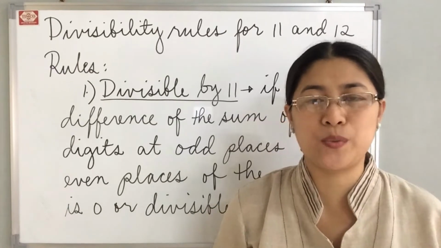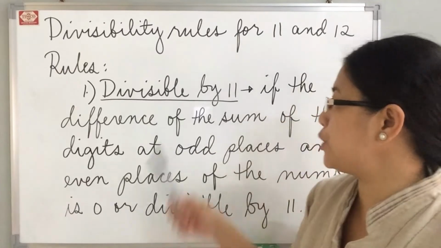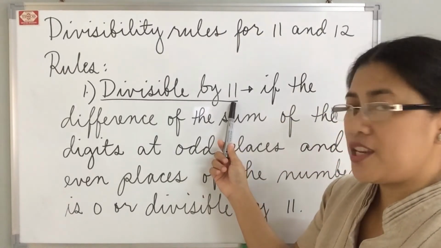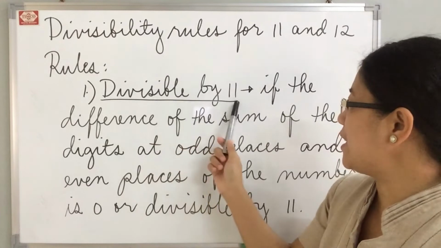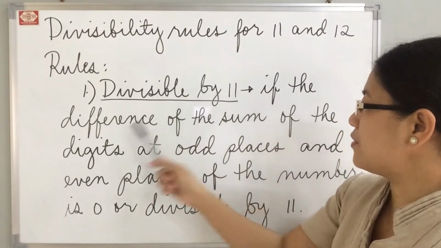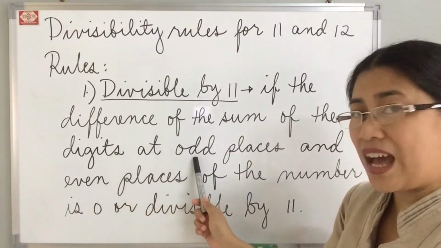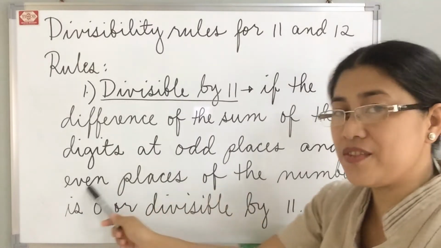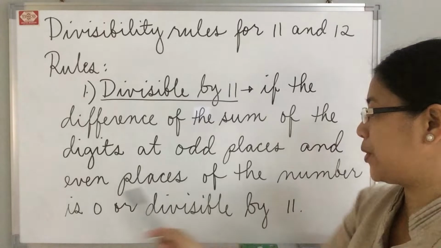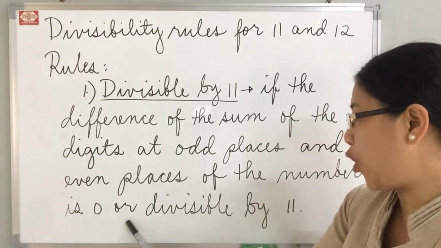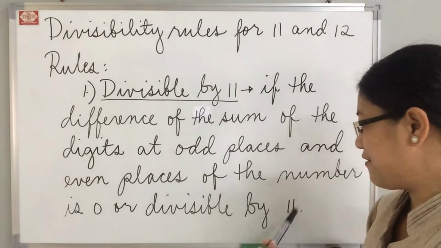Now, let us proceed with the rule. First, we have the rule for number 11. A number is divisible by 11 if the difference of the sum of the digits at the odd places and even places of the number is 0 or divisible by 11.